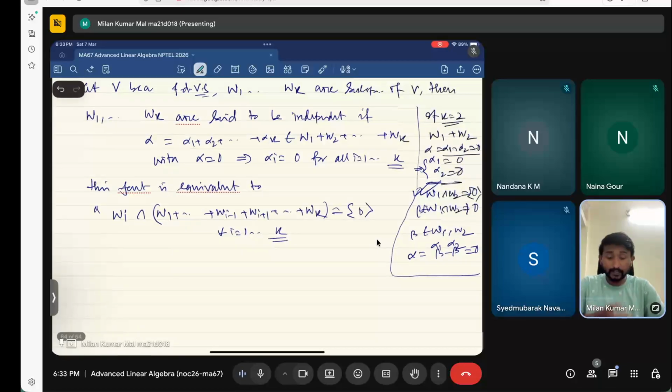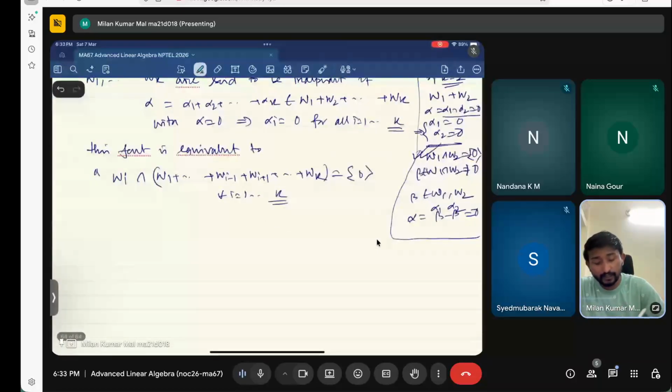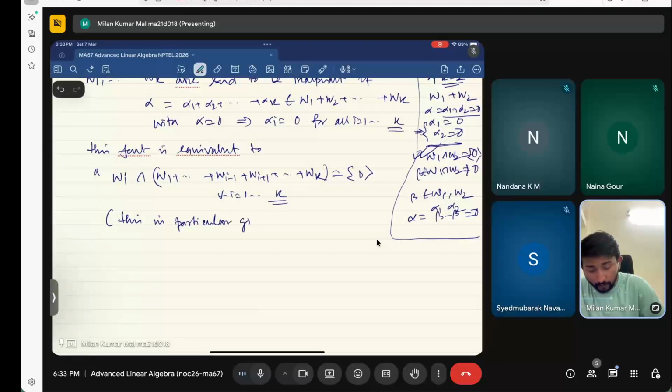So this statement automatically gives that Wi intersection Wj equals 0 for all i not equal to j.